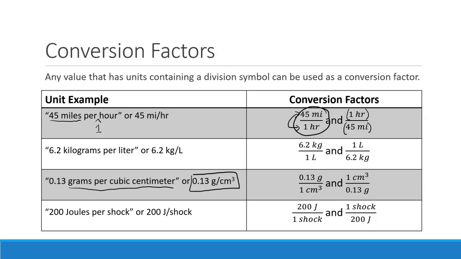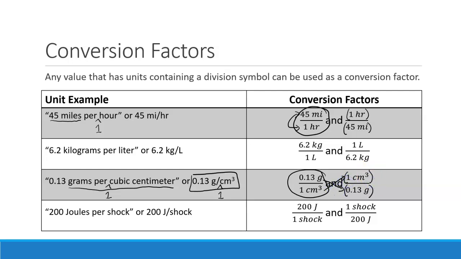But again, always remember that 0.13 goes with the g, and then we can insert next to the centimeters a 1. So again, this is per 1 cubic centimeter. We can either have the grams on top and the 1 centimeter on the bottom, or if we want to flip it, the 0.13 has to stay with the grams if you want to move it to the bottom, and then the 1 has to stay with the centimeters.